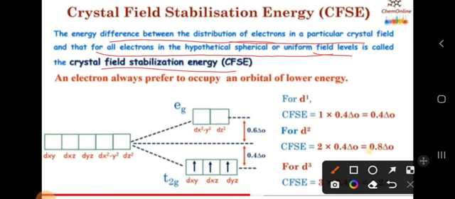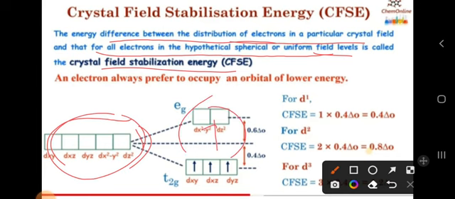So it is a hypothetical manner, a way the degeneracy is lost somewhat. So the electrons present in the hypothetical field, there will be some energy difference between these two. That one we call what here? Crystal field stabilization energy. This is T2g, this is Eg.